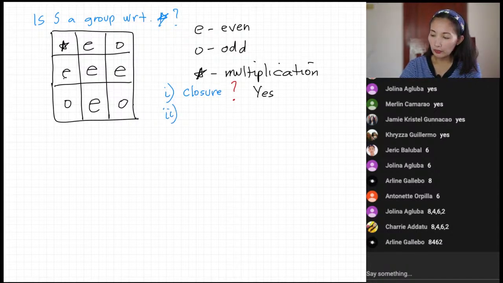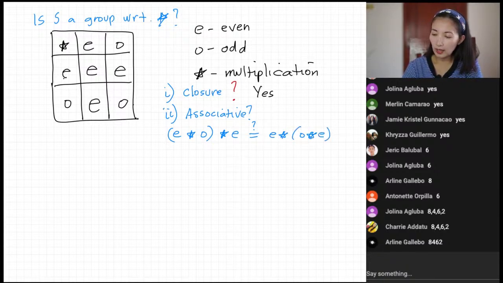Okay, associativity. Associative ba? You can verify with 1. So, is E star O star E equal to E star the quantity O star E? What is E star O?